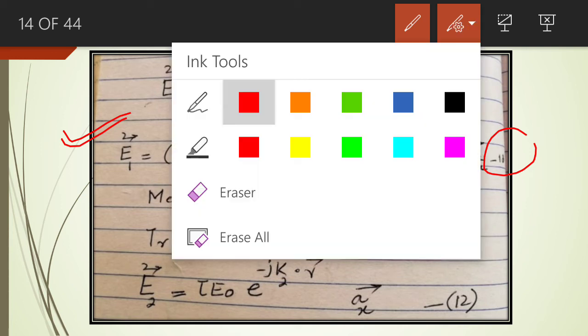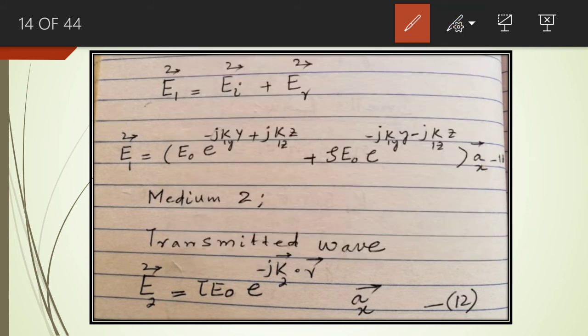Now we consider medium number 2, and there is only one wave in medium number 2, that is the transmitted wave. So when the incident wave travels from medium number 1 to medium number 2, at the plane boundary, a fraction of the energy of the incident wave is reflected back, and the remaining energy of the incident wave is transmitted to the second medium.